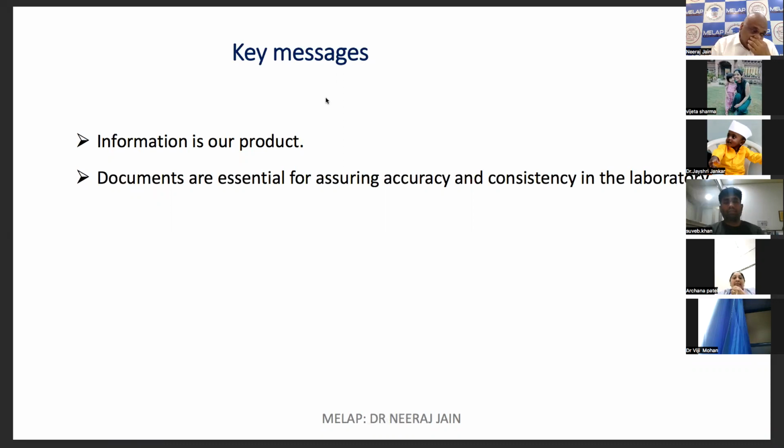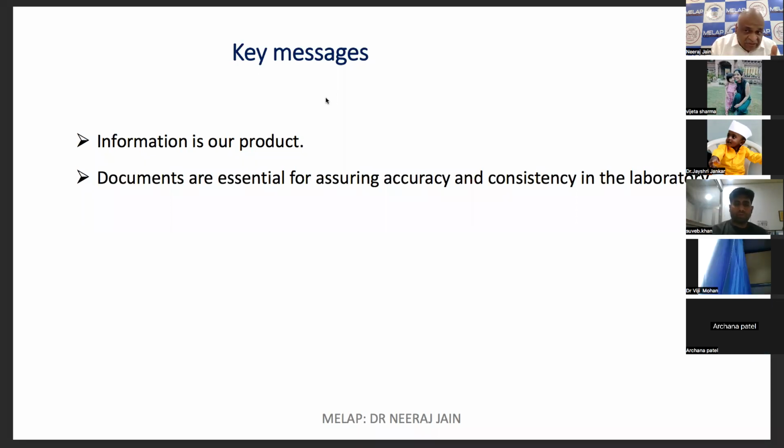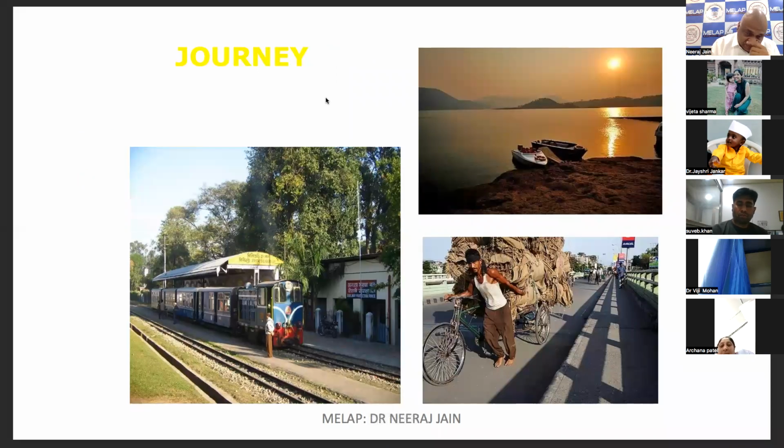What is our product? Our product is information. To provide good information, our processes should be strong, and to develop strong processes, documents are essential for assuring accuracy and consistency in laboratory working.